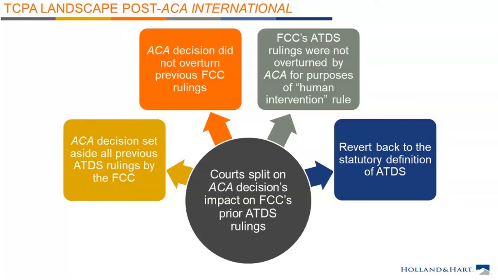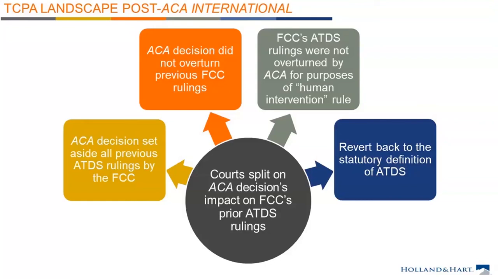overturned some of those prior rulings, but not those which deal with the human intervention rule. And that rule is basically that if there's some level of human intervention involved in making the call, then that call may or may not be considered to be by an ATDS. It's not an auto dialer if there's some level of human intervention.